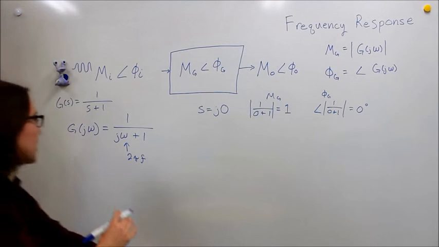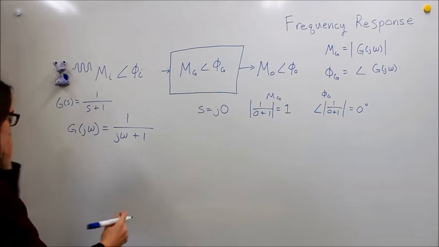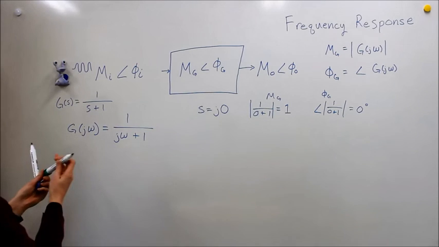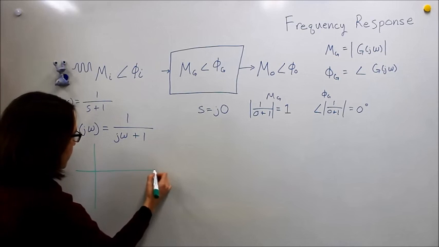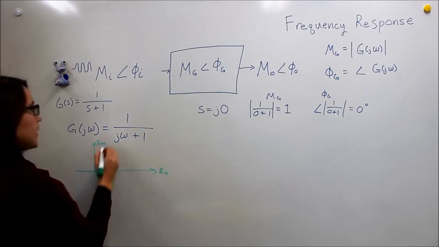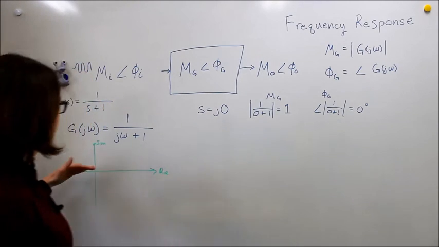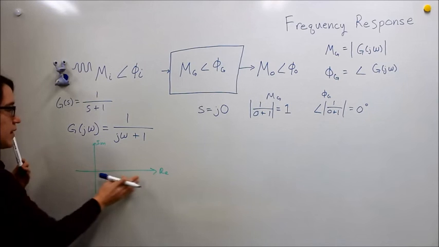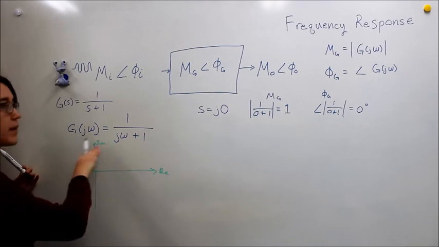Okay, so we're going to draw that right over here, just making a little more room. So this is our S-plane, with the real and imaginary axes. Remember, we're thinking of angle as going around, so this is the angle of 0, this would be 180, and it goes all the way around.